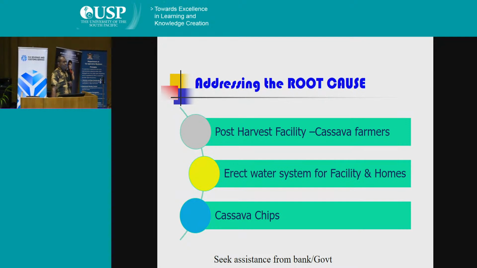And they've also added value to cassava. They have ventured into cassava chips. Now if you have those problems analyzed, you can boldly tell the government or the funders, we have this analyzed, can you give this funding please? Does that answer your question?